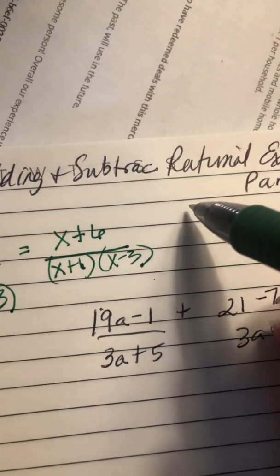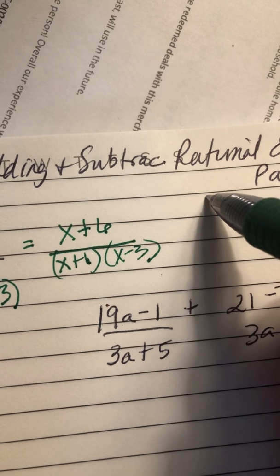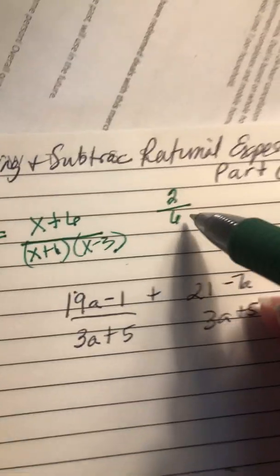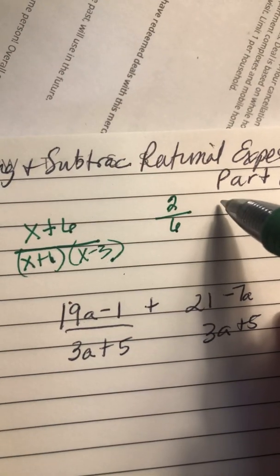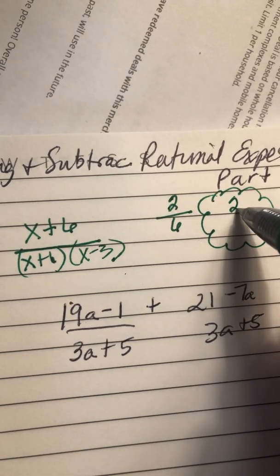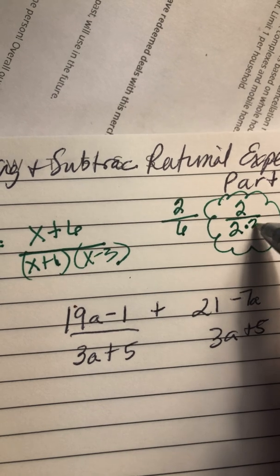Well, when we reduce fractions, like if I had the fraction 2 over 6, and I want to reduce this fraction, in my brain, what I need to be thinking about is that with the 2 on top, the bottom can be represented as 2 times 3.